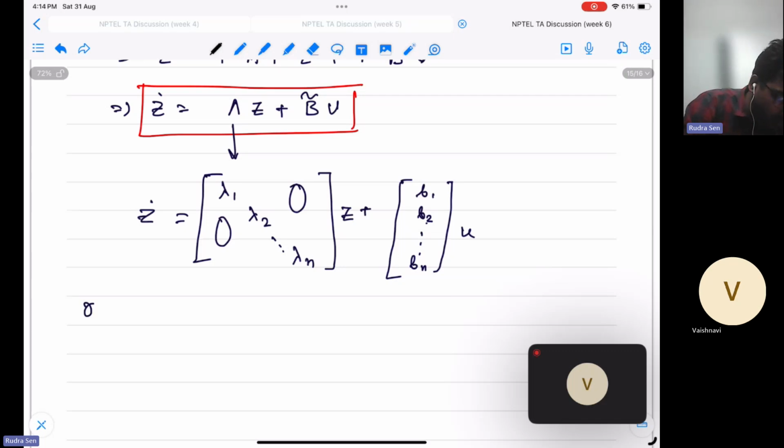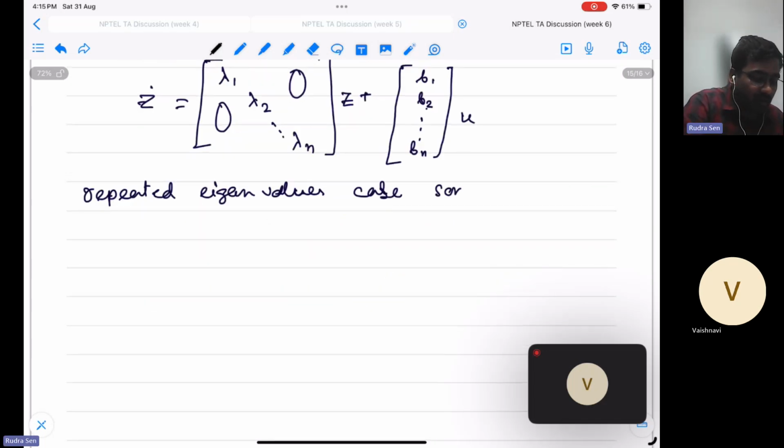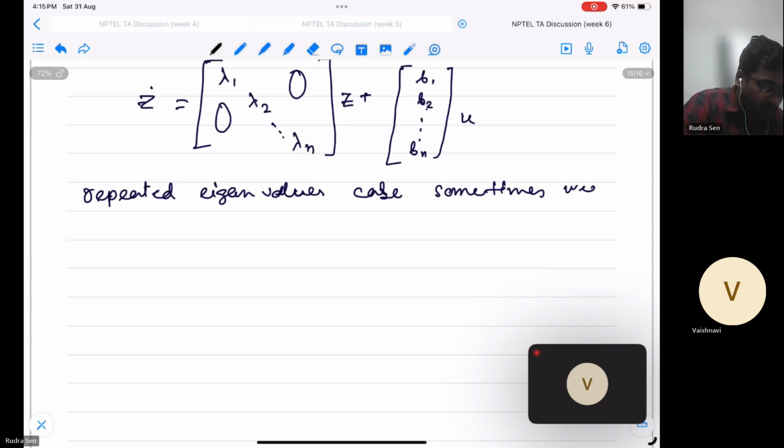In case of repeated eigenvalues, sometimes we get this Jordan structure: z dot equals Jz plus B tilde u.